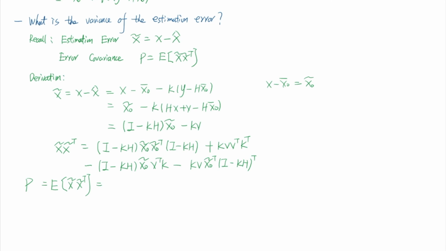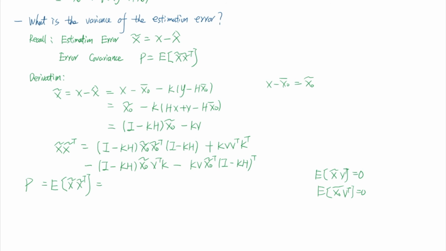And the result is based on a few assumptions. First of all, we assume that the expectation of x tilde multiplied by V transpose is equal to 0. And also, we assume that the expectation of x naught tilde multiplied by V transpose is equal to 0.